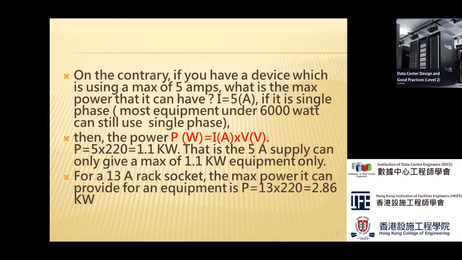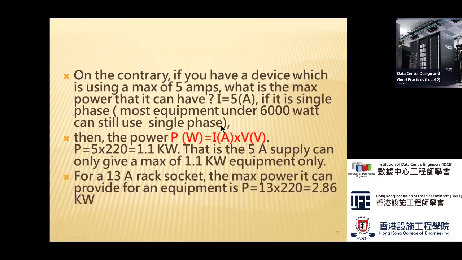By the same token, P equals V times I, or I times V, it doesn't matter. P in terms of unit is watt or kilowatt, I is ampere, V is voltage.